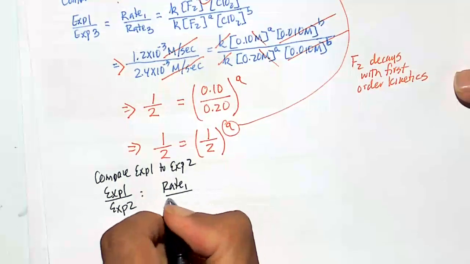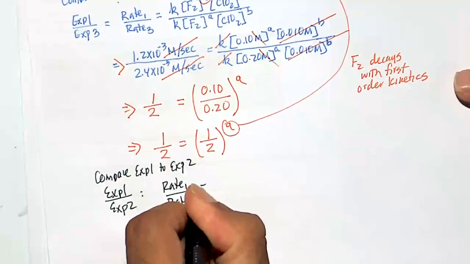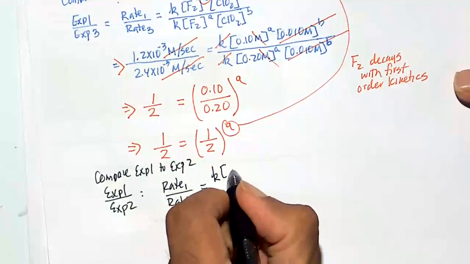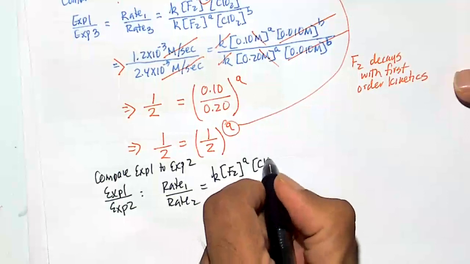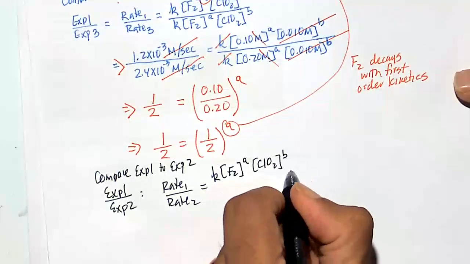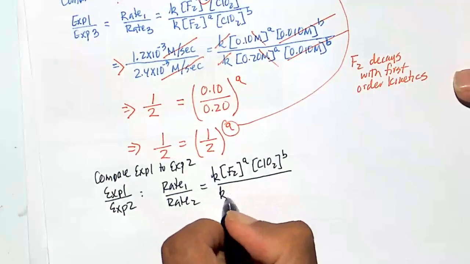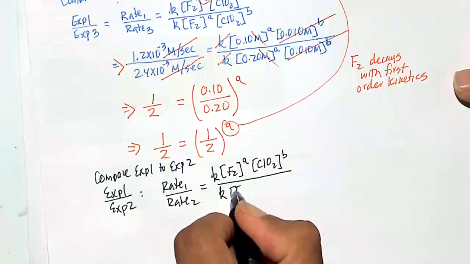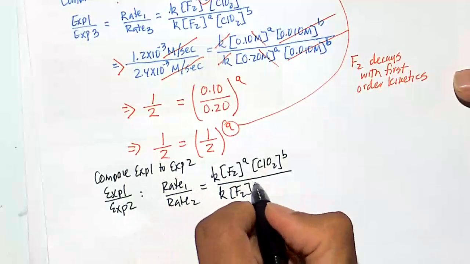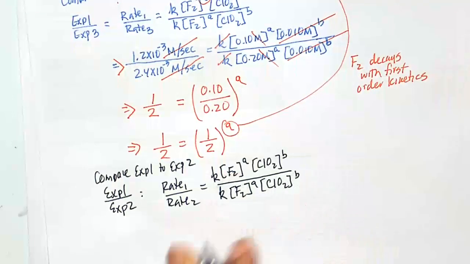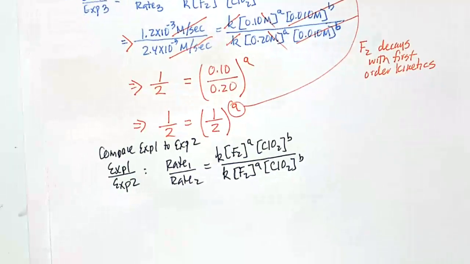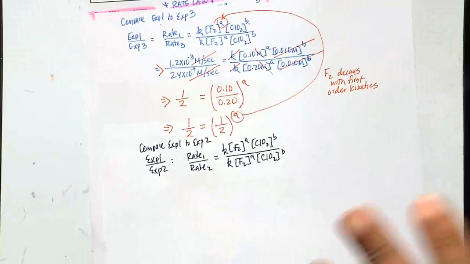Rate 1 over rate 2 equals K times the concentration of F2 to the power of A times the concentration of ClO2 to the power of B, divided by the rate law for experiment 2. Now let's substitute in.